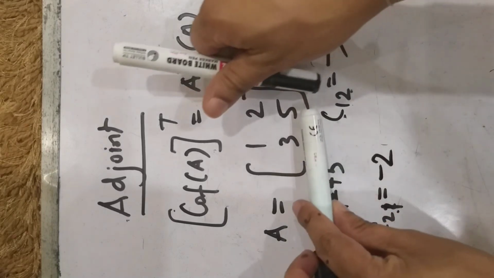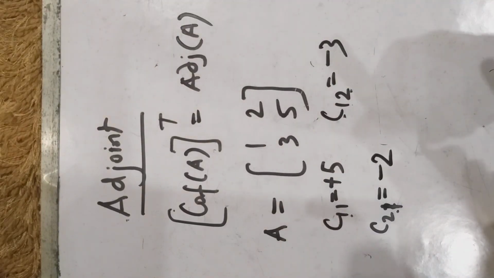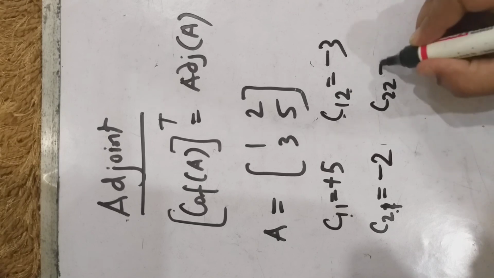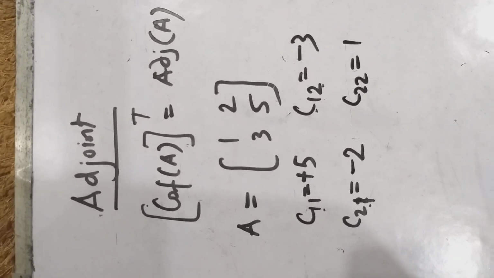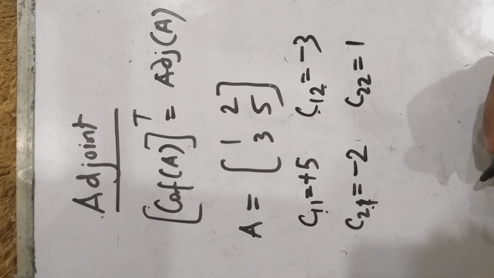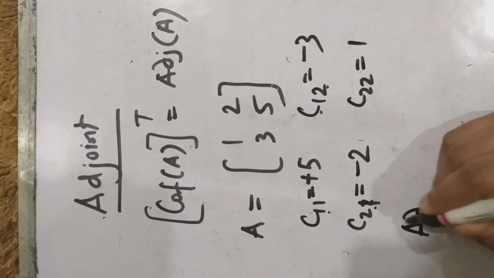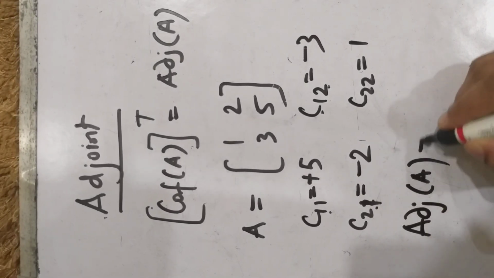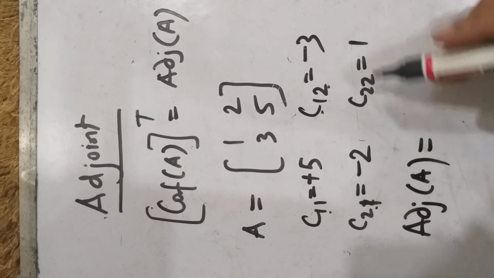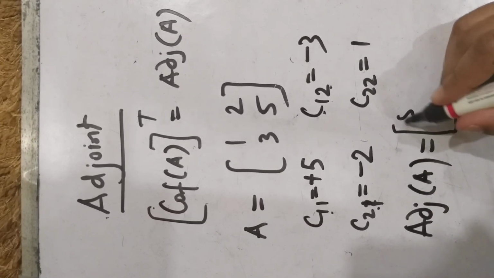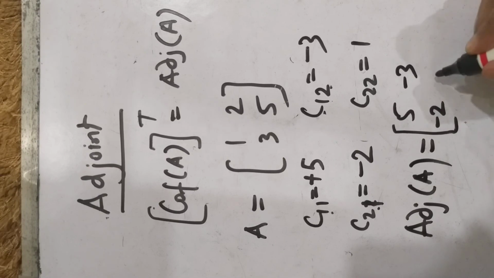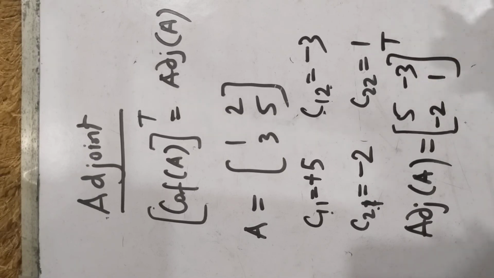C22 is 5, block it, get 1. C22 is 1. So the adjoint of A is nothing but these cofactors. First you write the cofactors, 5, minus 3, minus 2, 1, which should be transposed.